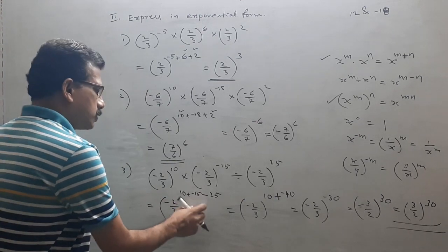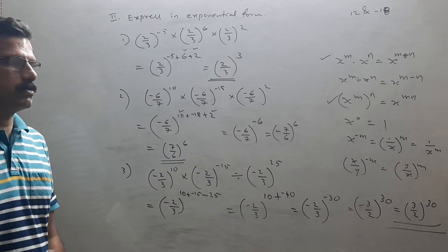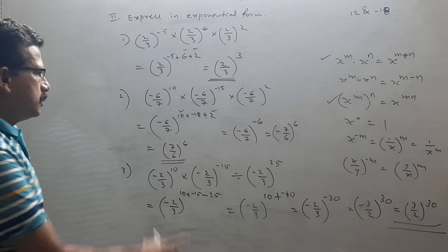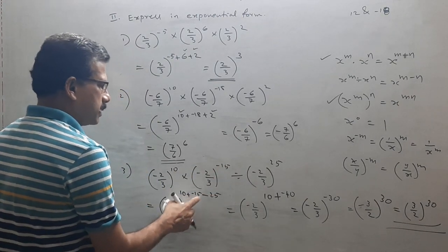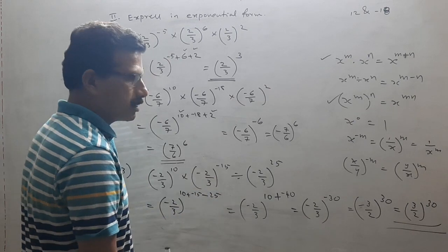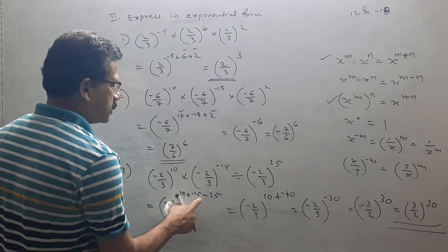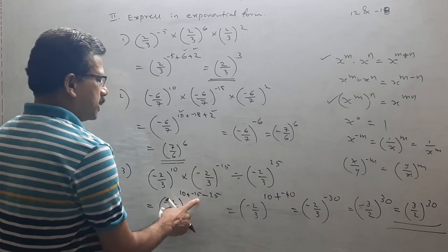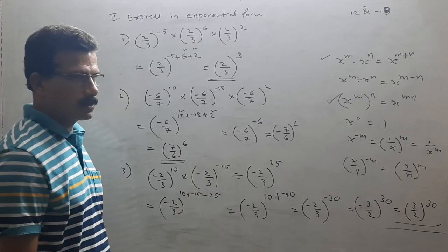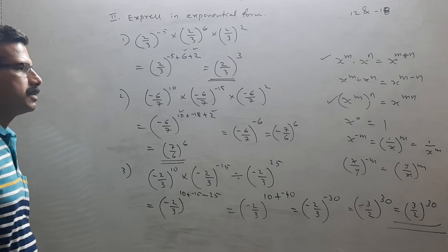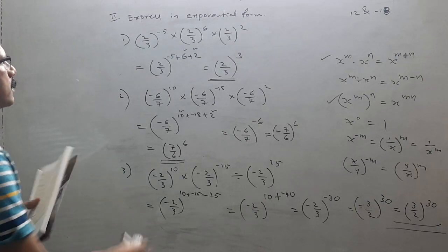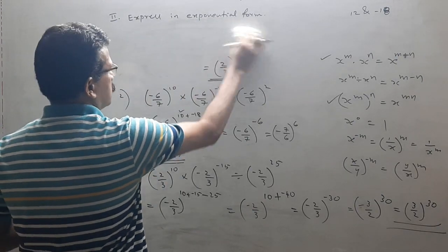With more steps or fewer steps, our answer is going to be the same. Adding minus 15 is the same as subtracting 15. Minus 15 minus 25, two negative numbers. So we get the answer as 3 by 2 to the power 30. Okay, I will show more.